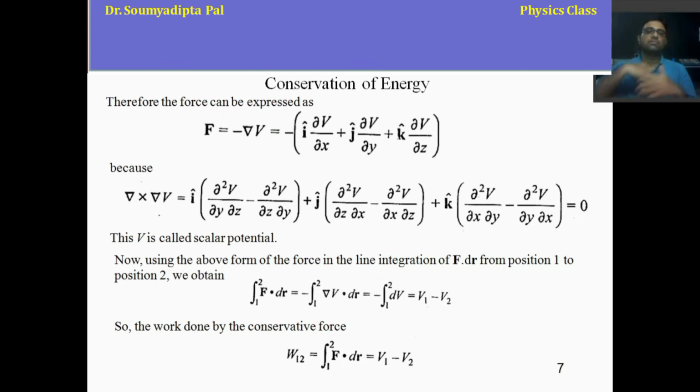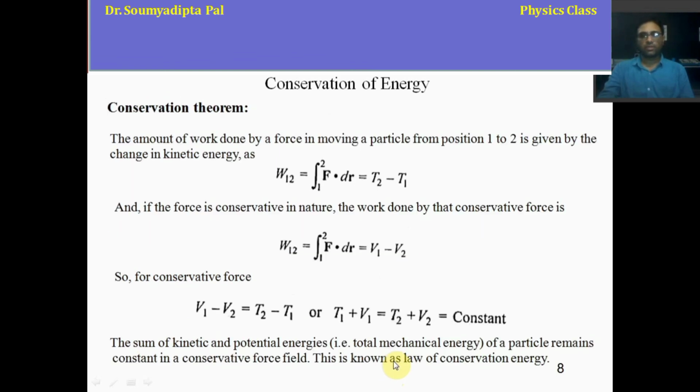Now in total movement from position 1 to 2, we have to do this integration from 1 to 2. So it becomes V1 minus V2. So we can write that the work done by a conservative force is the change of the potential, V1 minus V2.